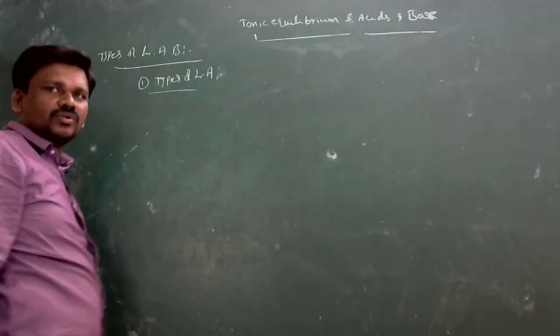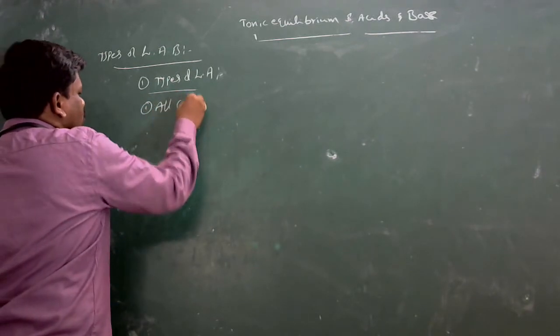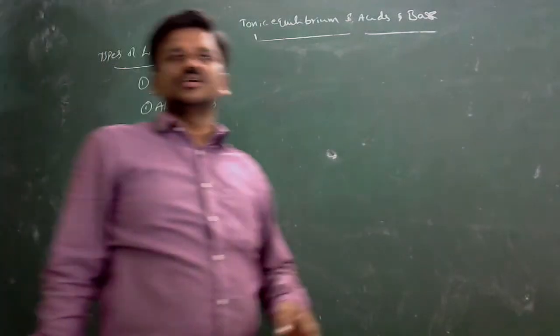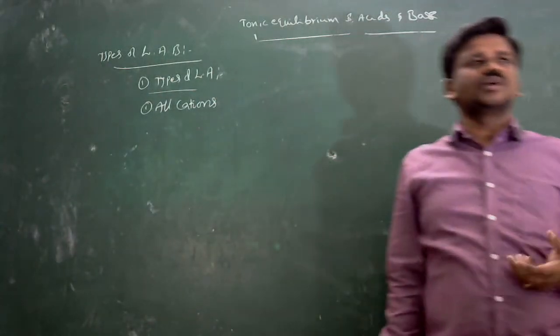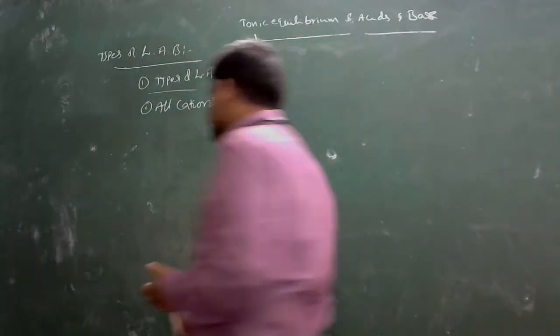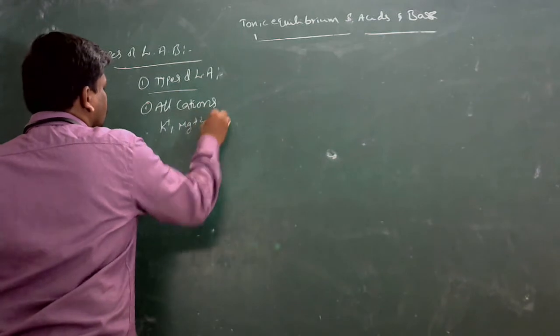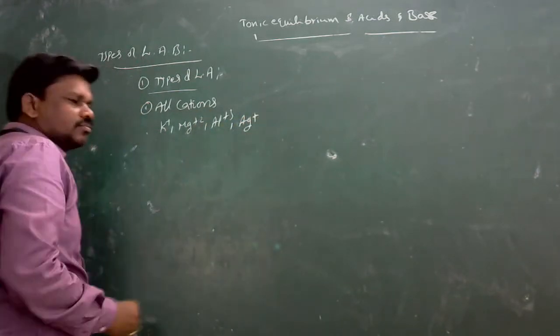Here, all cations are Lewis acids. A cation means a species with a positive charge, like K plus, Mg plus 2, Al plus 3, Ag plus and so on.